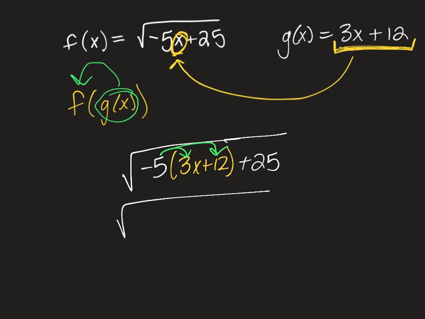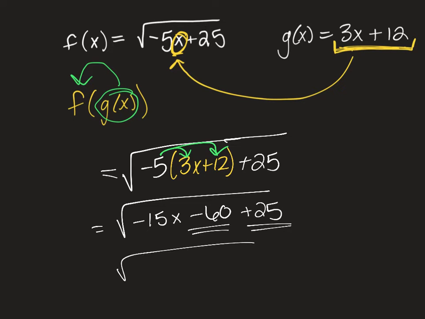So again, we're keeping the square root. So that's going to be negative 15x minus 60 plus 25. So then we can add the negative 60 and 25, which gives us negative 15x minus 35. All right, so that is going to be as far as you go for that one.